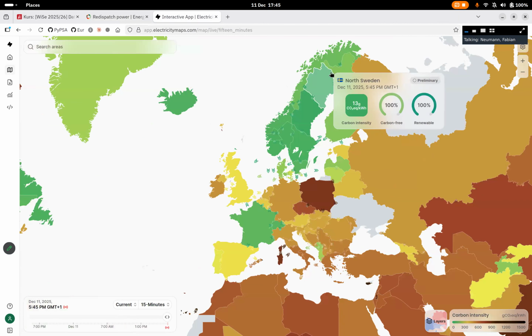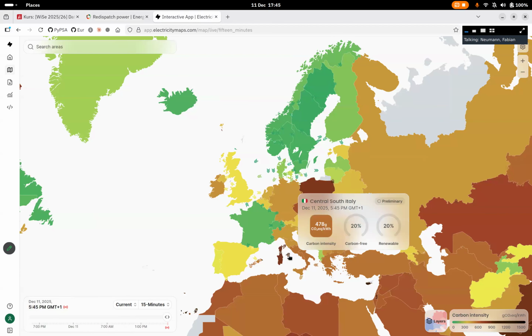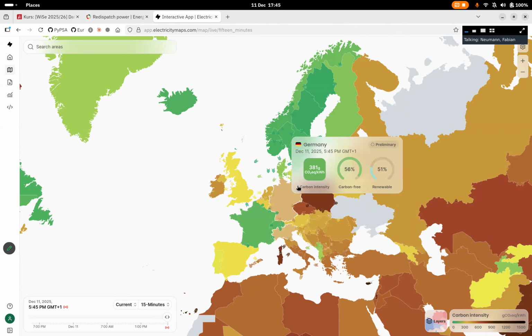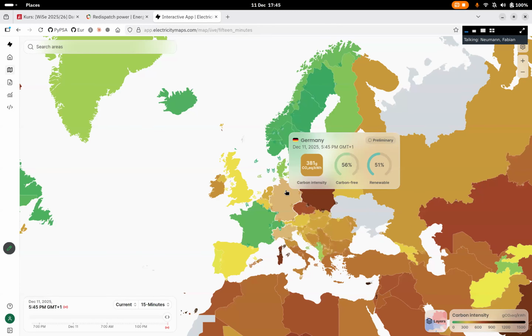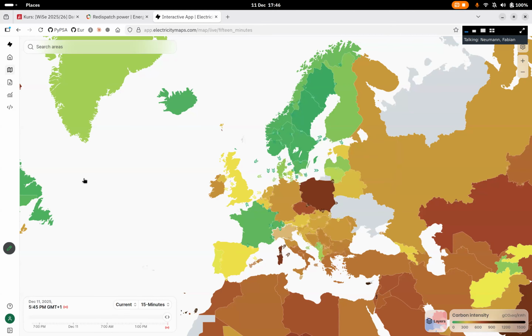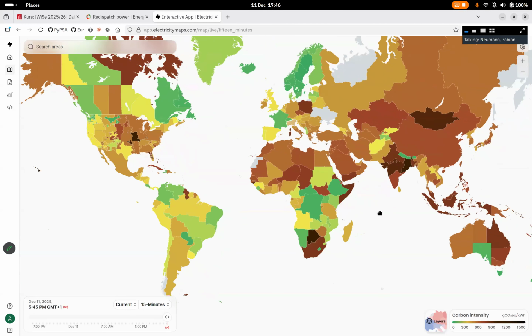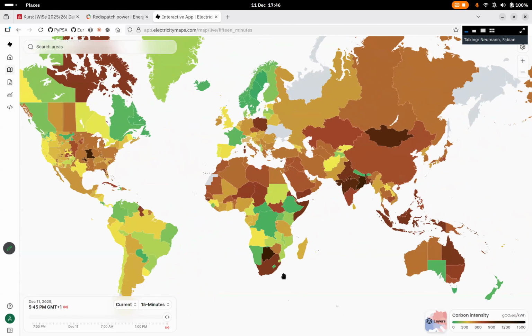So you have here, again, Sweden, Norway, Italy split up into multiple zones, because these are the zones where the electricity is traded. You can see how, currently, we have in Germany 381 grams of CO2 equivalents per kilowatt hour. And then you can also relate that to the share of carbon-free or renewable electricity, and get that for almost all of the regions in the world, except for a few.